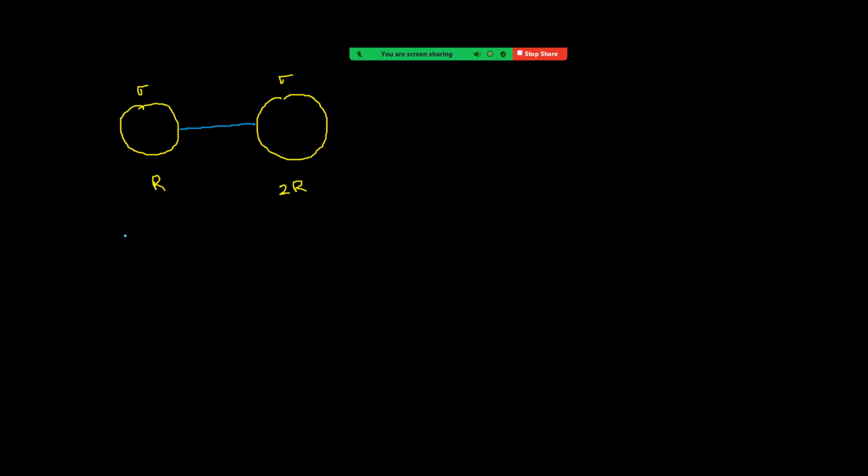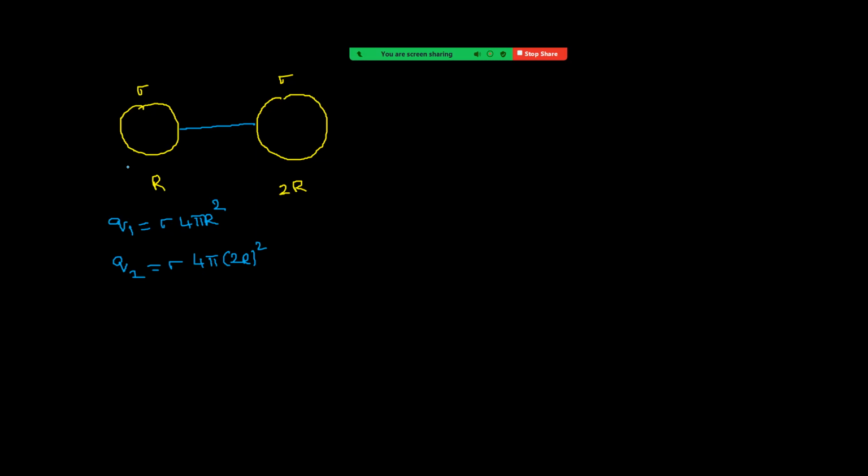So charge on the first one, let us take it as Q1, is sigma into 4 pi r square. Charge on the second one is sigma into 4 pi into square of 2r, right?